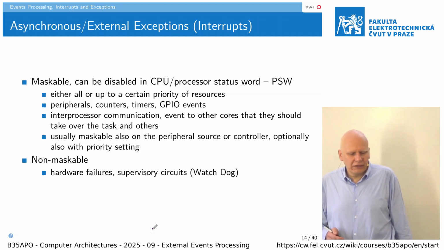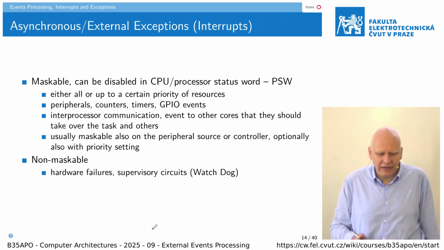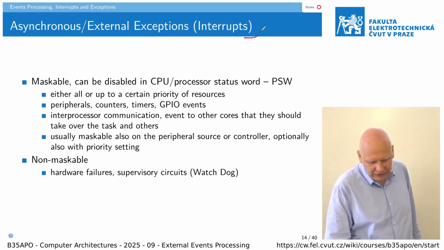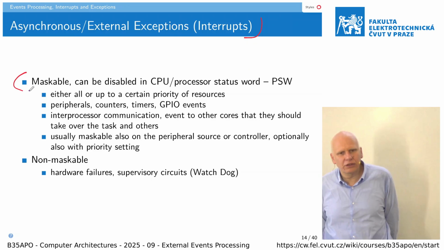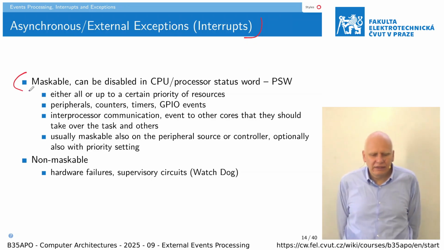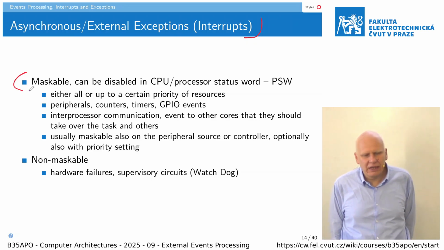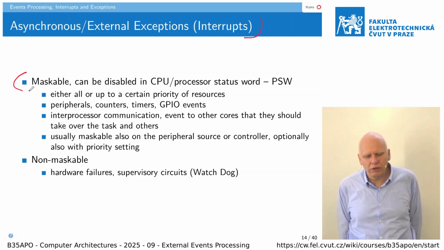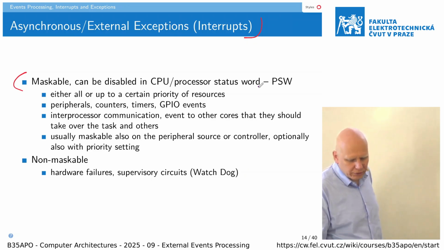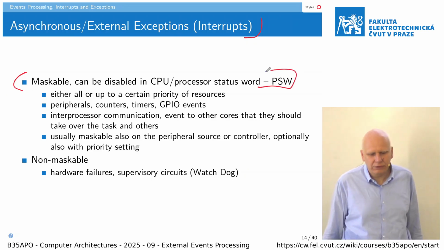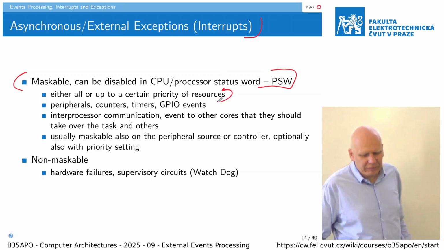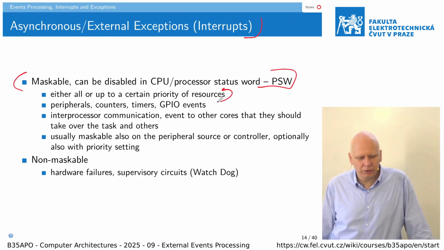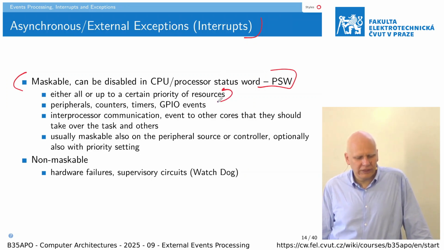And if we look at those asynchronous external exceptions, interrupts, then some of them are maskable, so it means that we can disable them as a group or all on the processor level, usually in the processor status word or some status register, and usually it is possible to disable all of them.